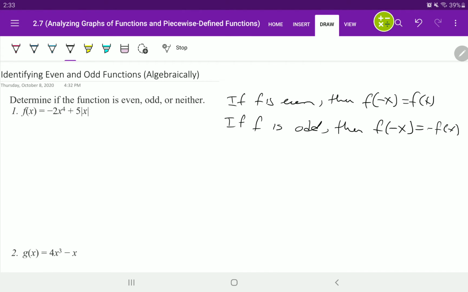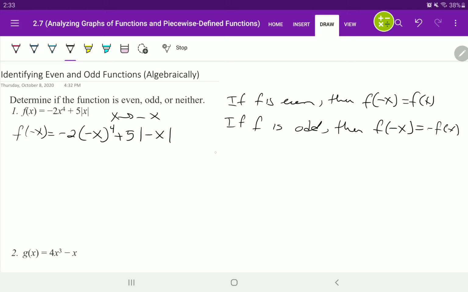So let's first substitute negative x for x. You're going to replace x with negative x. So we have f of negative x equals negative 2 times, in parentheses, negative x raised to the fourth power, plus 5 times the absolute value of negative x.